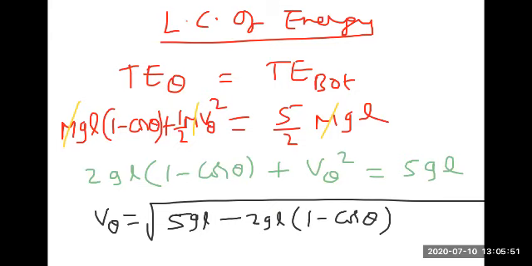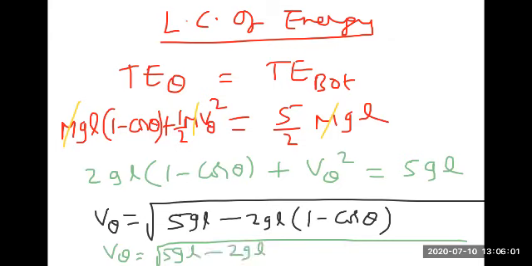Carefully observe: 5gl minus 2gl, minus of minus plus 2gl cos theta. From this last line, I can write it as 5gl minus 2gl, which means 3gl. And this is 2gl cos theta.